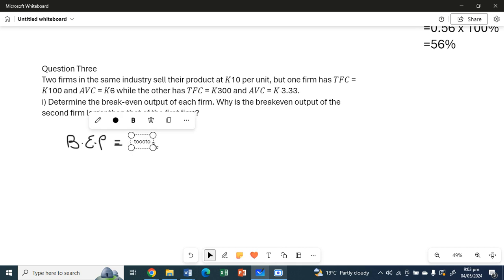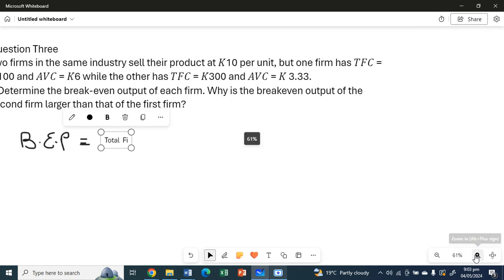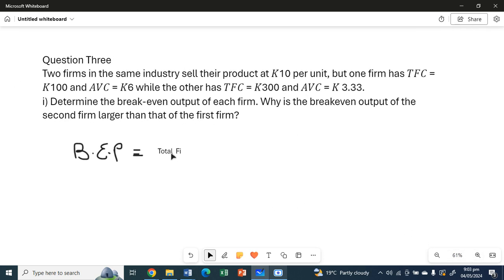Break-even point equals total fixed costs divided by price minus the average variable cost. So we start with firm one.